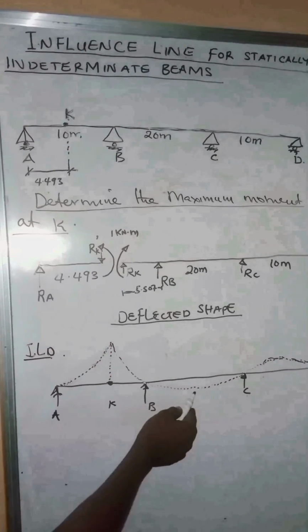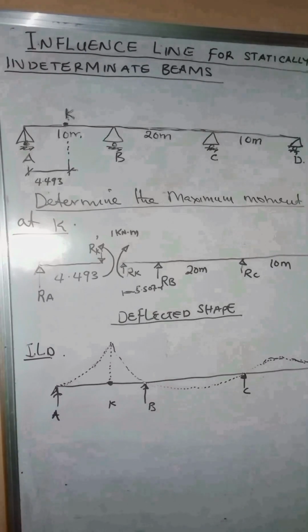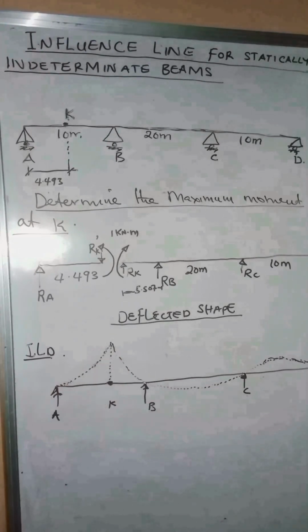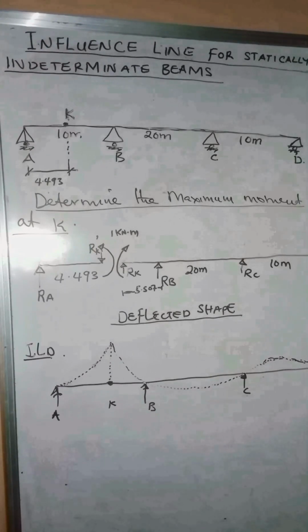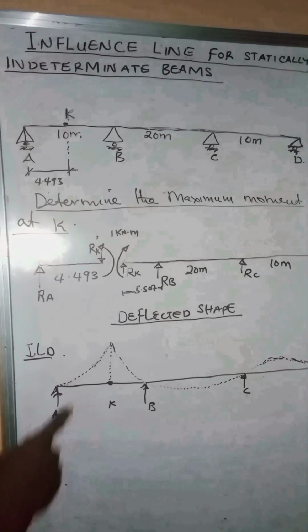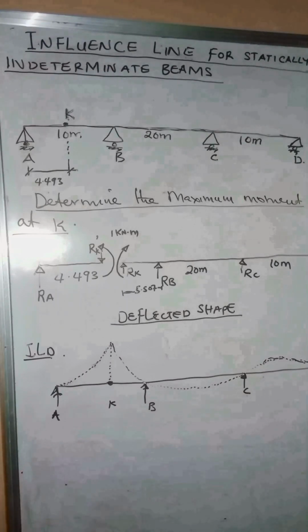What we want to determine is the deflection of this beam at point K. In doing that, we will need to obtain the deflection expression of this beam at point K, and we'll find the exact deflection at that point.